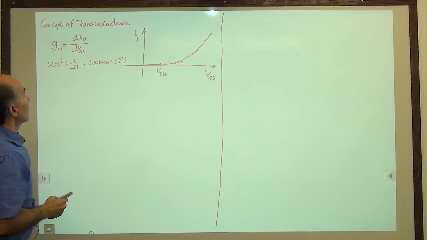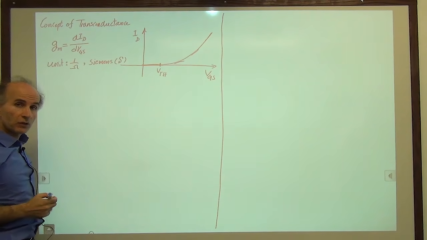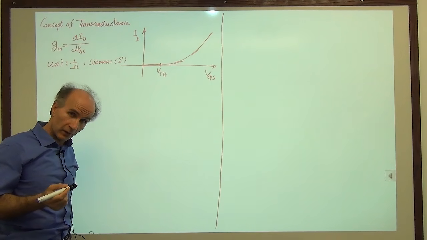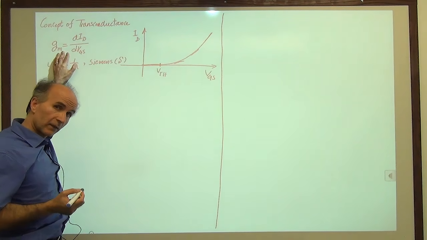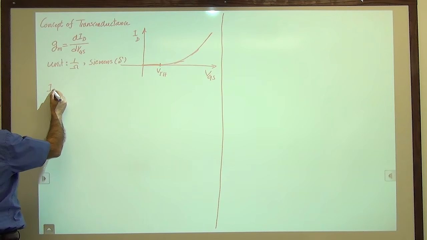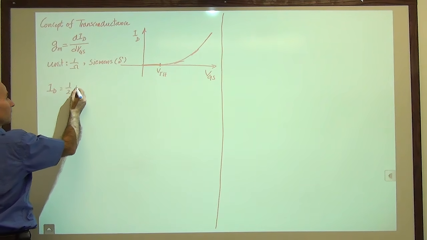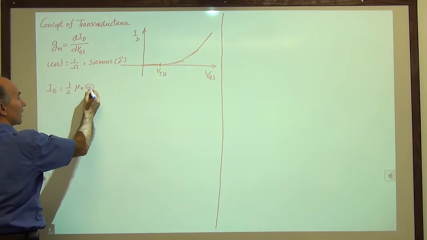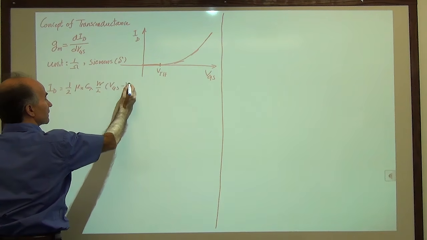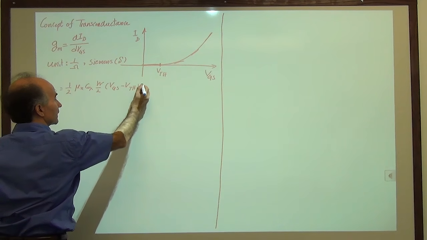All right, now because we have an equation for ID as a function of VGS in the saturation region, we should be able to calculate this GM. So let's go ahead and do that. ID is equal to 1/2 of mu n C ox W over L (VGS minus VTH) squared.